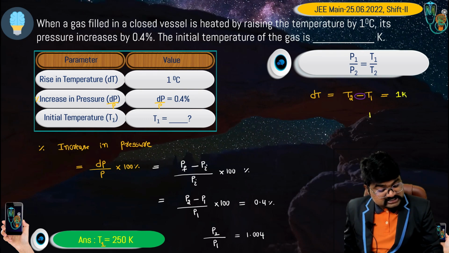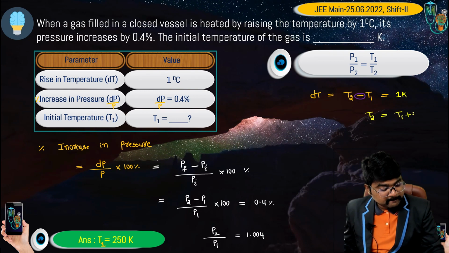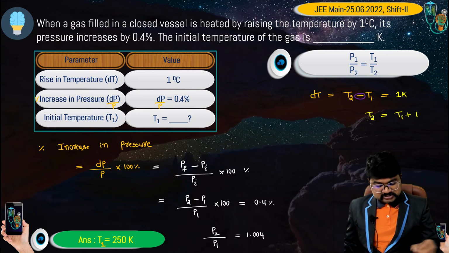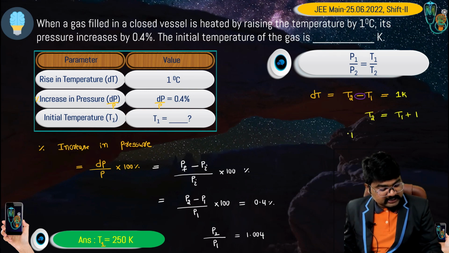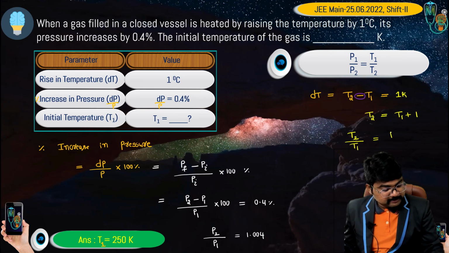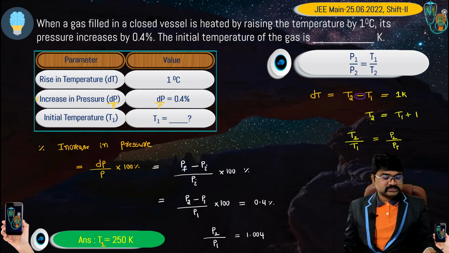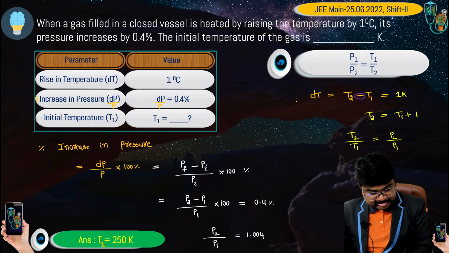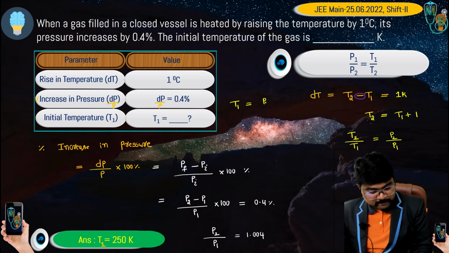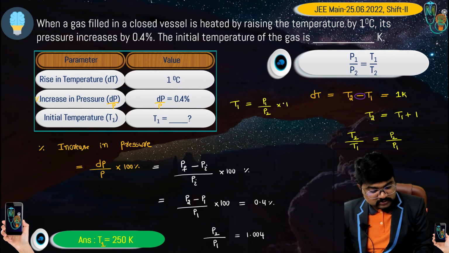So what is T2 here? T2 equal to T1 plus 1, everything in Kelvin. You substitute this T2 into T2 by T1 equal to P2 by P1. Or else, straight away you can write T1 equal to P1 by P2 into T2.